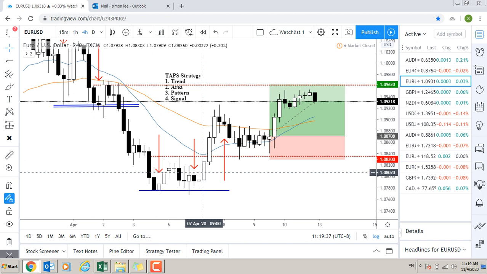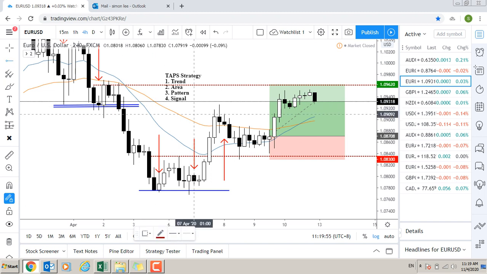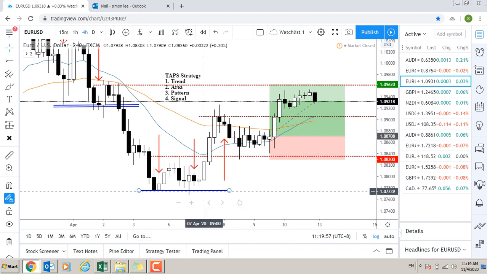You want to maximize your returns in order to get a good risk and reward ratio. This relates to risk management, which I'm not going to touch today. So this is the first resistance point from this setup.